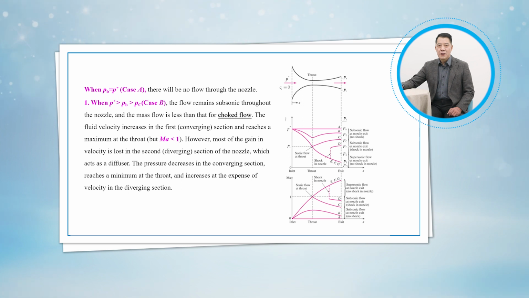However, most of the gain in velocity is lost in the second section of the nozzle, which acts as a diffuser. The pressure decreases in the converging section, reaches a minimum at the throat, and increases at the expense of velocity in the diverging section.